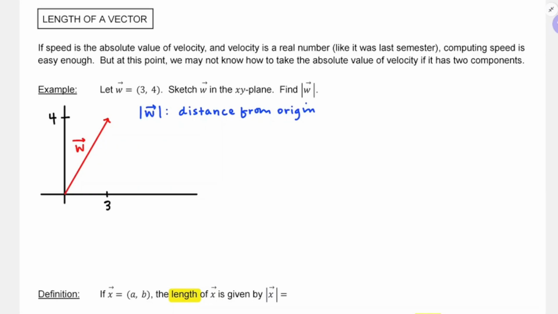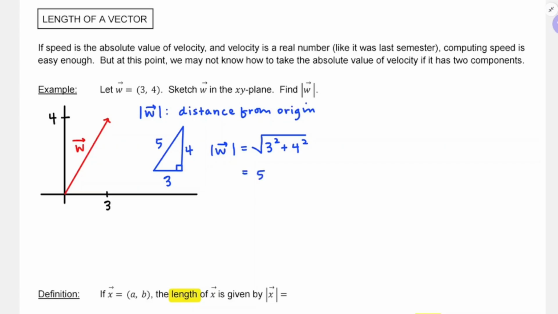Okay, so if we kind of break out this diagram and turn it into a right triangle, we might see that the horizontal leg has length 3, and the vertical leg has length 4. And okay, 3, 4, 5 triangle, that's going to be a 5. But really what's going on here is we're doing the Pythagorean theorem. We're saying the length of w is the square root of 3 squared plus 4 squared, which is going to be the square root of 25, and that's 5.